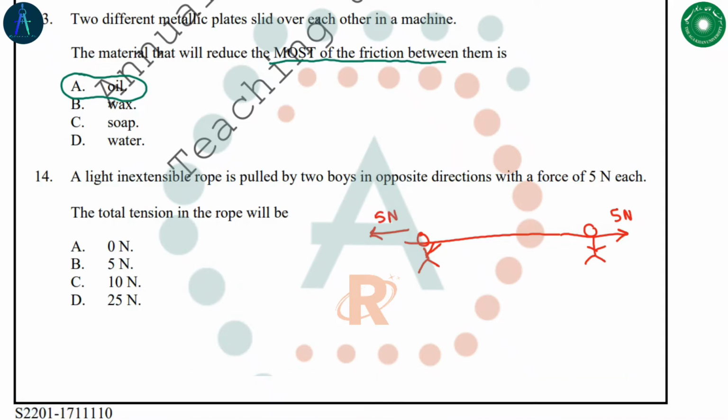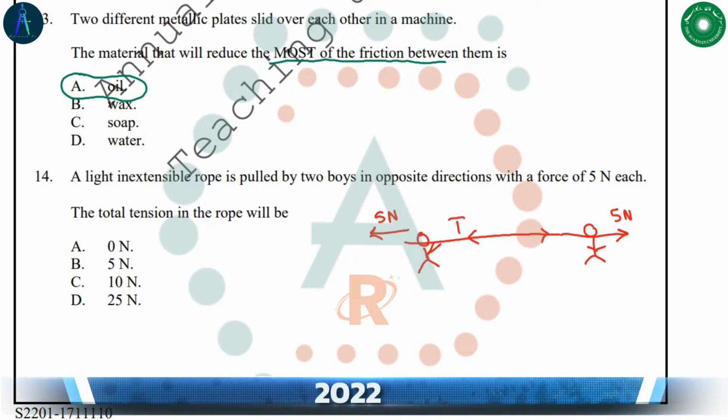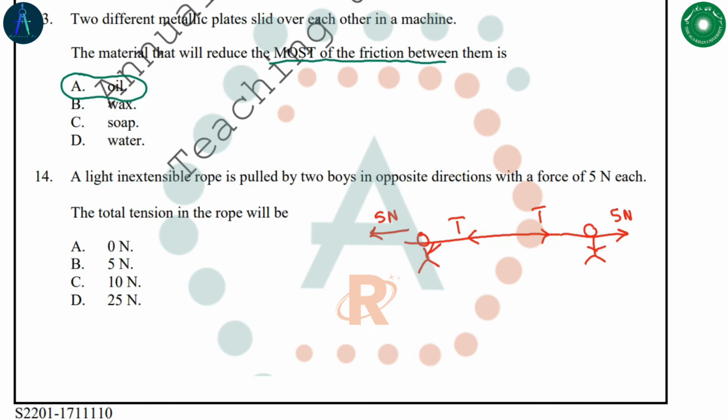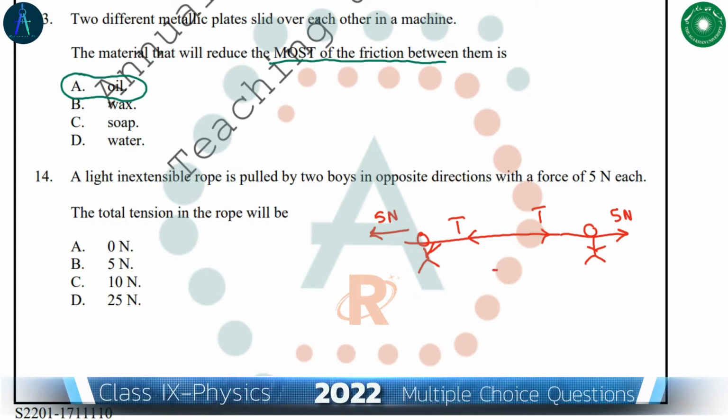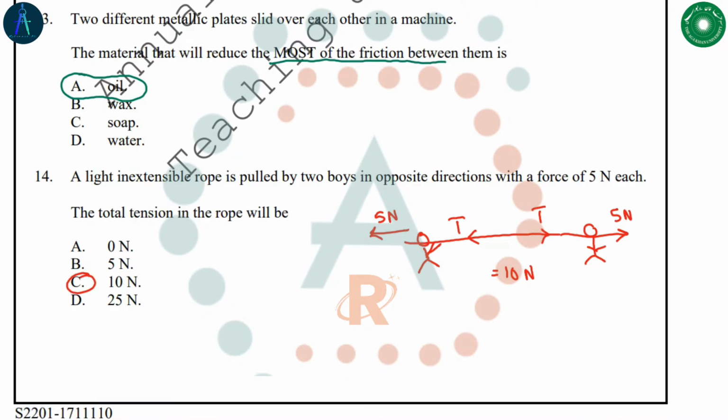As we can see, this pulling force on the rope creates tension in this rope, and the tension is the stretching in the rope due to this applied force of 5 Newton in each direction. So overall, the net force will be zero on that rope, but the total tension will be equal to 10 Newton. So for question 14, option C is the right answer.